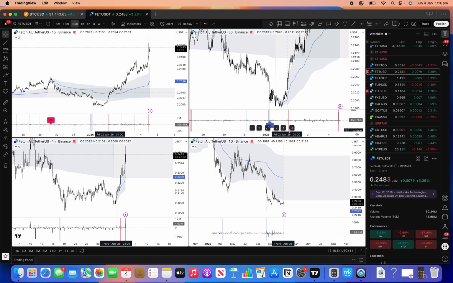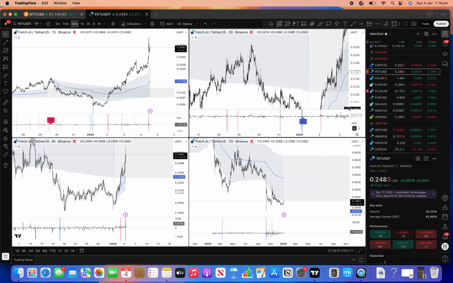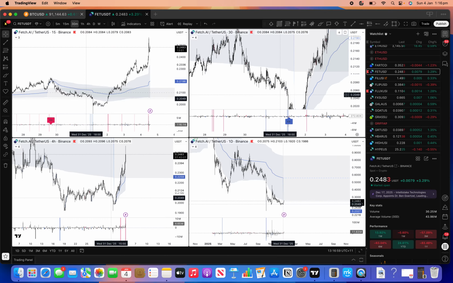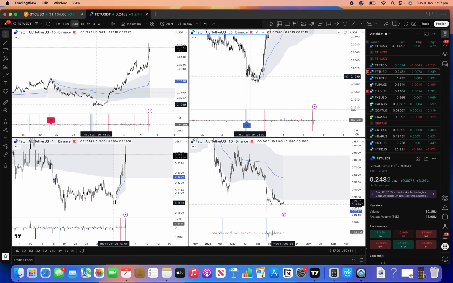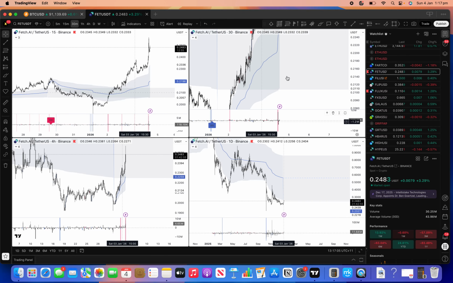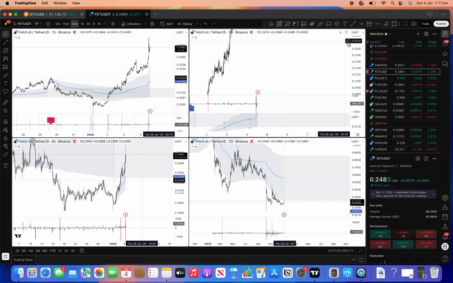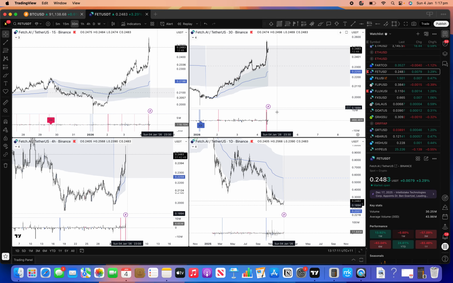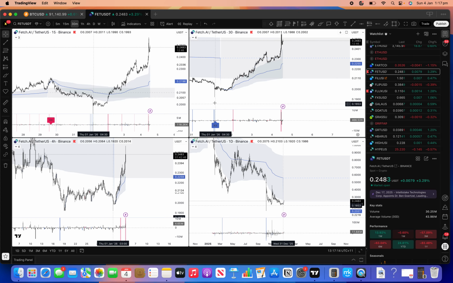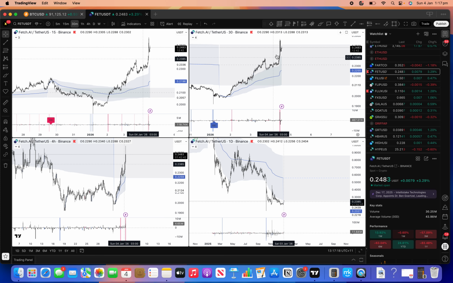So FET, 30-minute chart, big sell-off. Had the buy signal, and then look what happens. Price rallied straight out of it. Oh, it's not meant to go down there. And yeah, price rallied straight out of that low and traversed the whole previous value area.